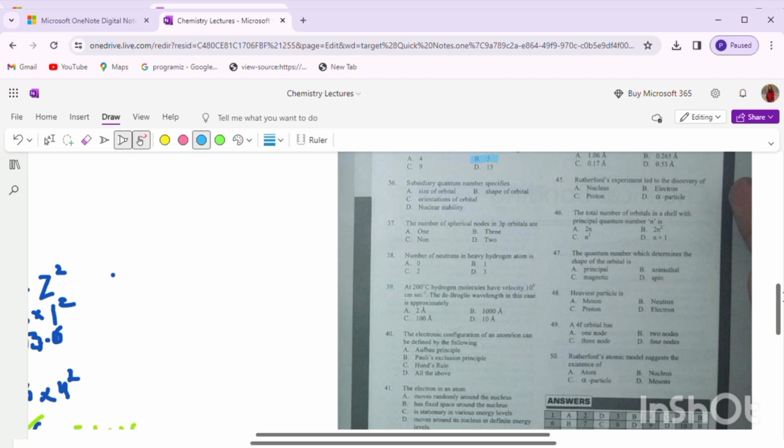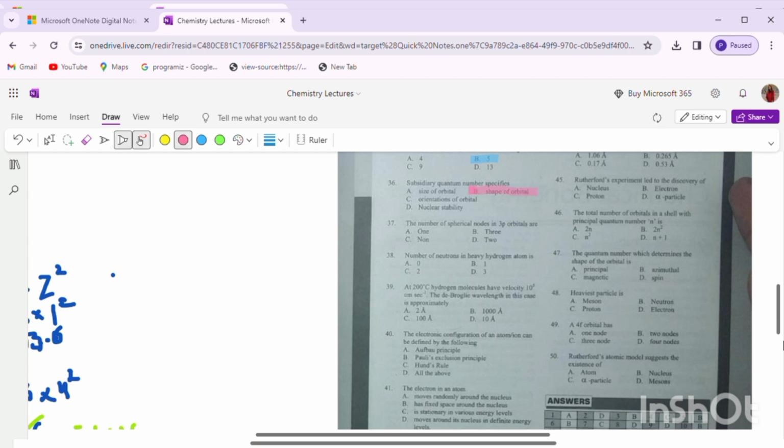The principal quantum number tells us about the size of the orbital, so leave the first option. Second, the shape of the orbital, and the azimuthal quantum number tells us about the shape of the orbital. So our correct option is B, the shape of the orbital.